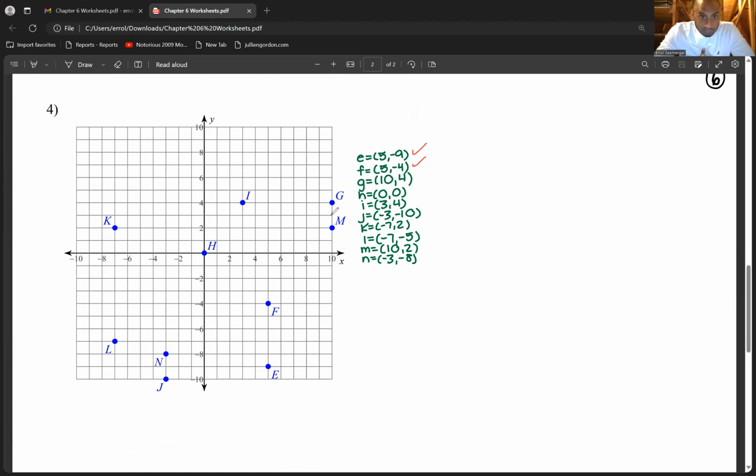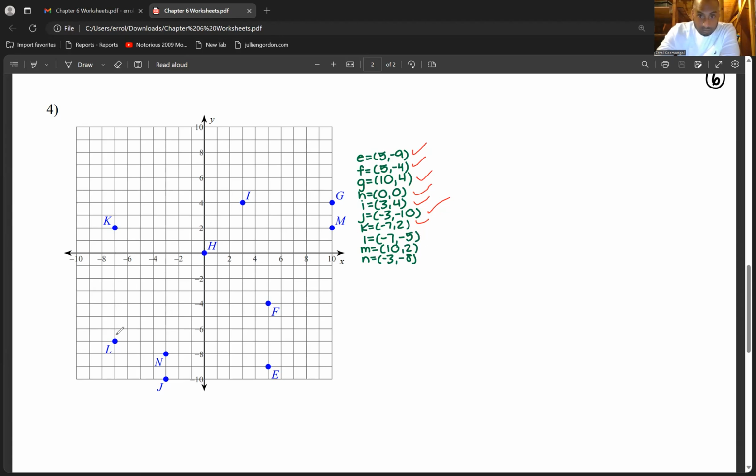G, (10, 4) is good. (0, 0) is good. (3, 4) for I is good. J, (-3, -10) is good. K, (-7, 2). That one's good. L, (-7, -5).